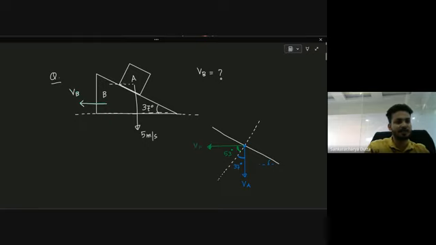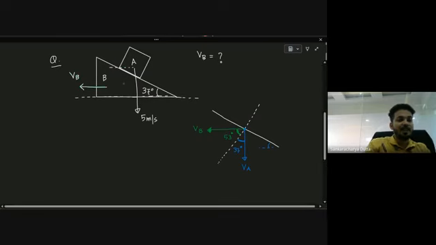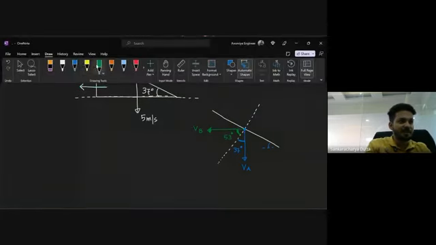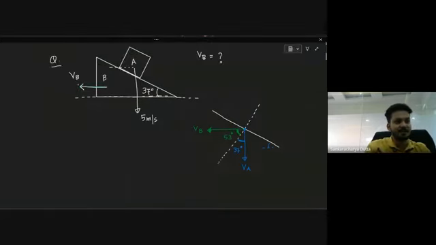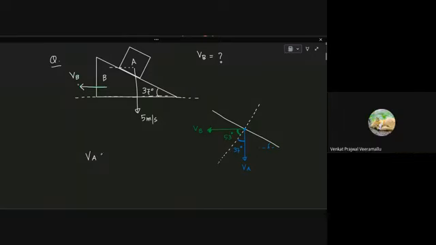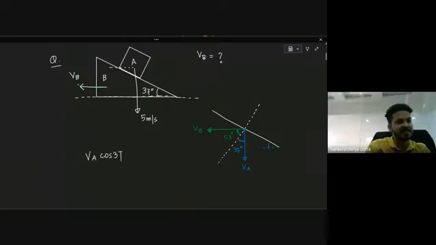Very nice. So along the common normal, the velocity should be the same. What is the component of VA along the common normal? VA cos 37. Very nice. What is the component of VB along the common normal?